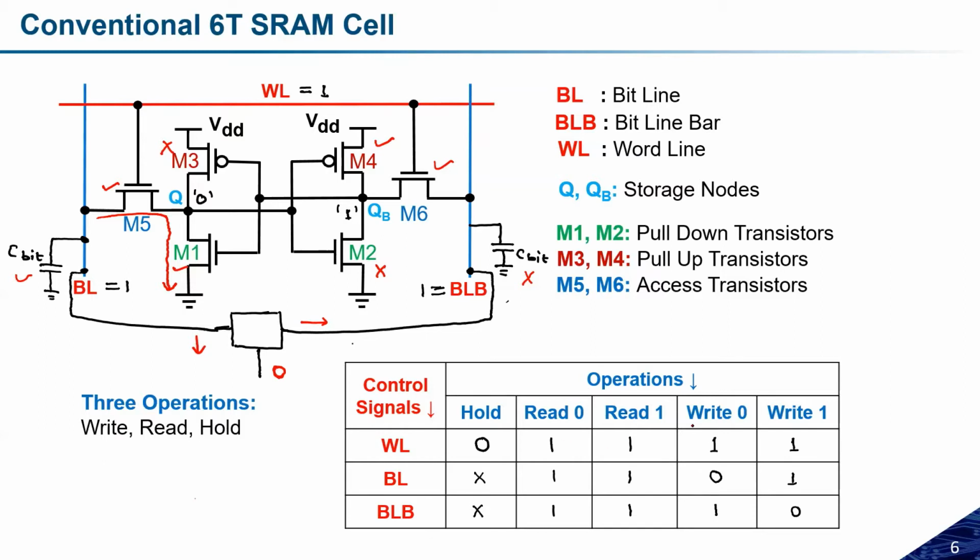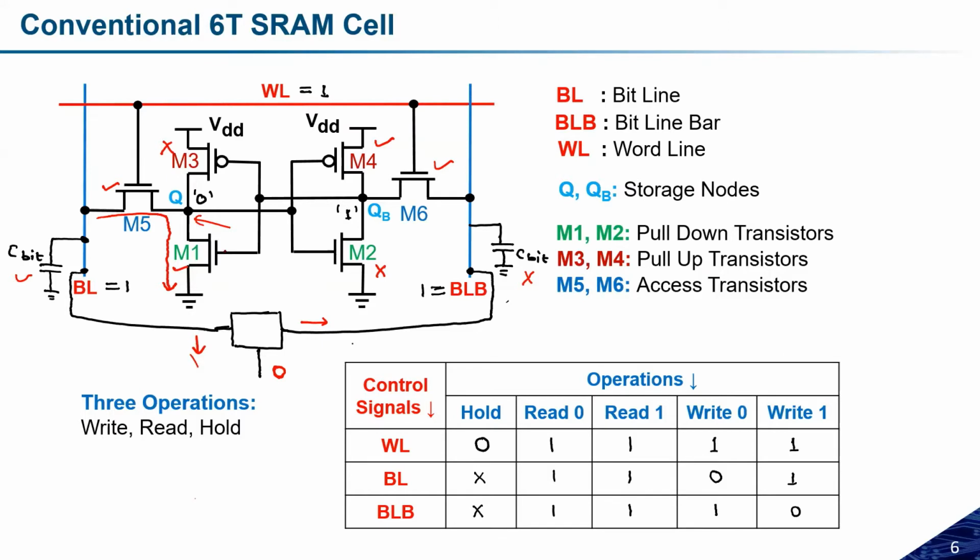Now the first question is, why do we need this access transistor? The access transistor is basically to isolate the bit line and the storage nodes. If I directly connect the supply voltages here to make changes on Q and QB, it is not isolated.